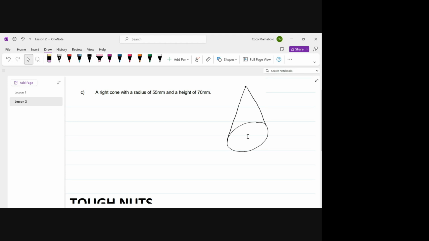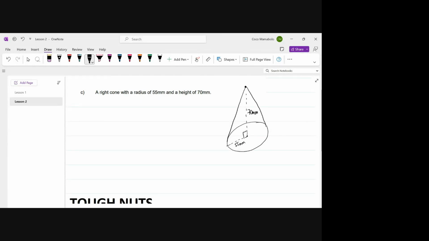So from the middle of my circle to the circumference, that is 55 millimeters. And the height, from my apex coming down like that, is going to be 70 millimeters.